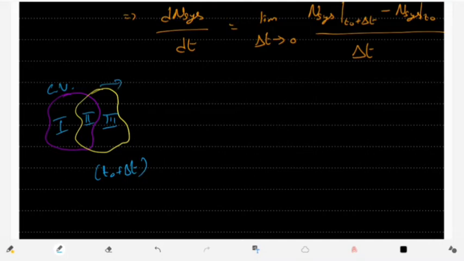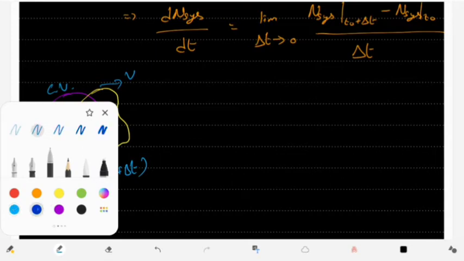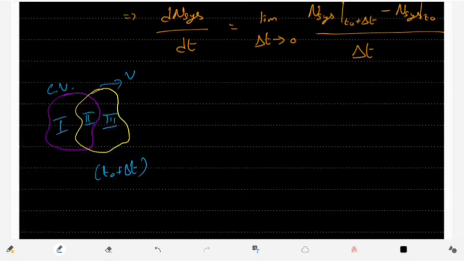System is moving with velocity. Now let's solve this equation. dN of system by dt equals limit delta t tends to 0.